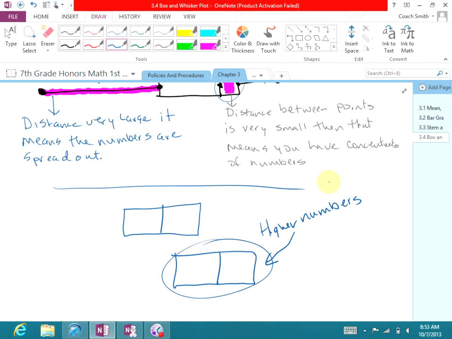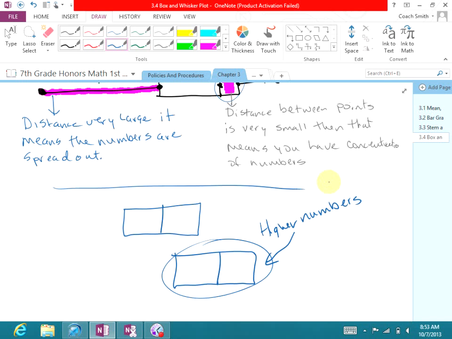Now, there is occasionally where you have to come up with a conclusion about just one box and whisker plot. Okay? So, for example, let's say something real weird and say that the one through 4 was representation of ages. Obviously it's not, because not many people live to be 117.